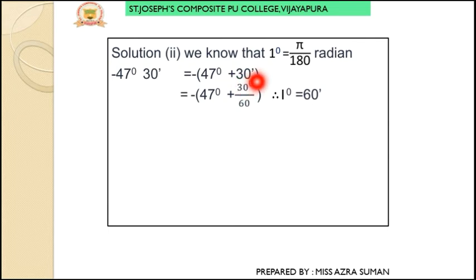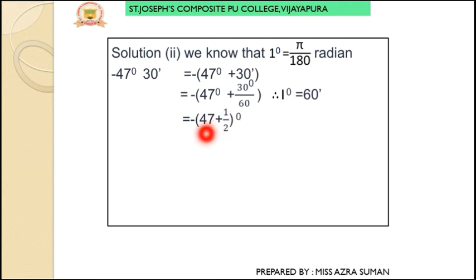So 30 minutes is equal to 30 by 60 degree. Now simplify this. You will get minus of 47 plus 1 by 2 degree, because 3 ones are 30, 3 twos are 60. 1 by 2 degree.